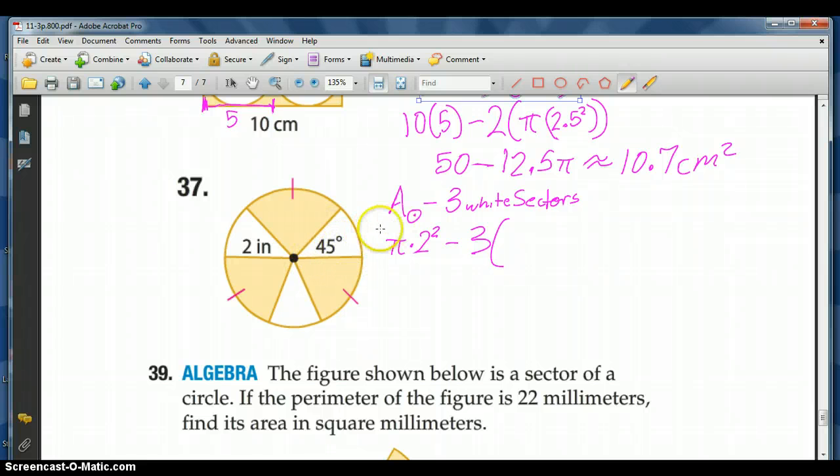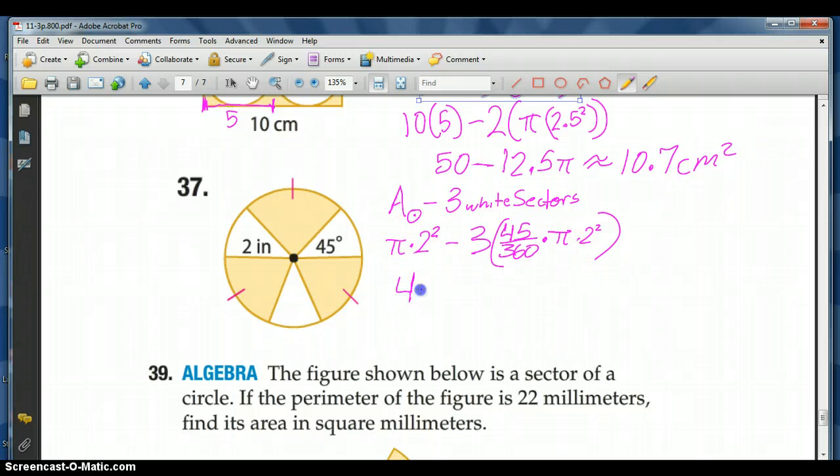So the area of a sector is the angle, central angle over 360, multiplied by the area of the circle. So pi r squared, pi times 2 squared. So let's simplify some of this.